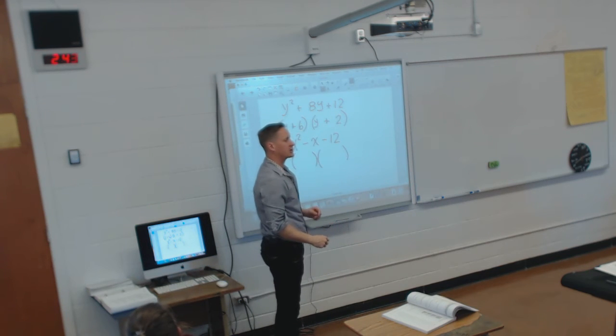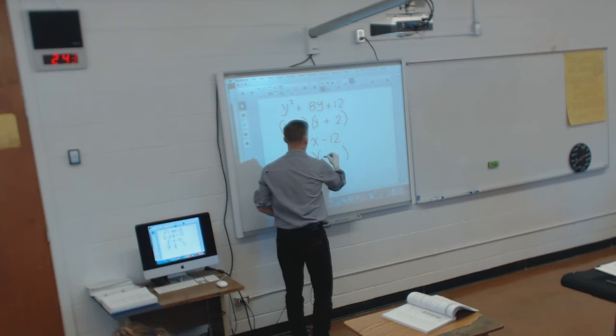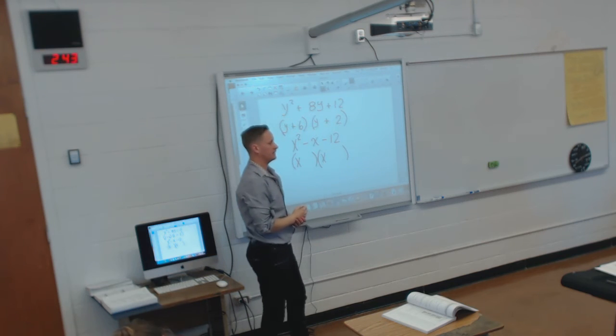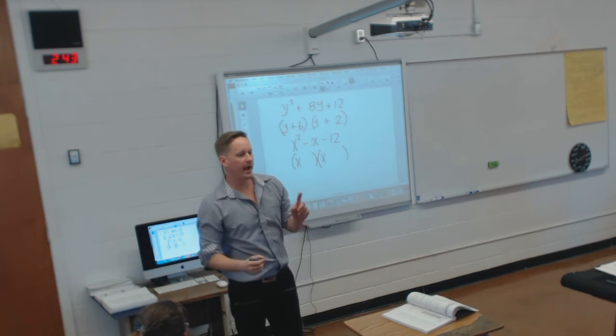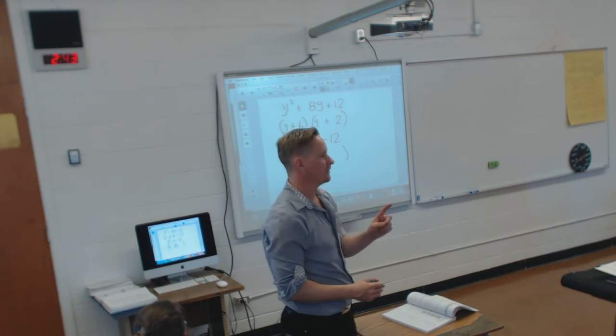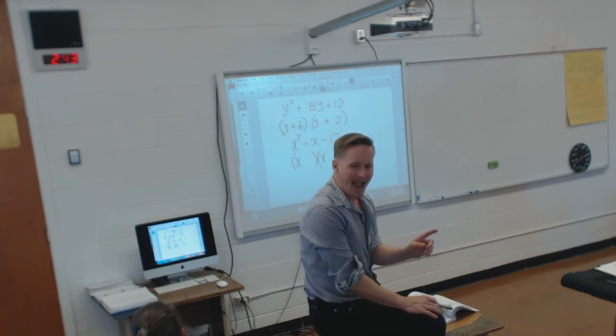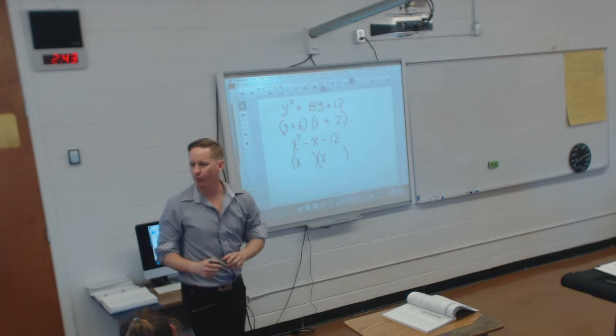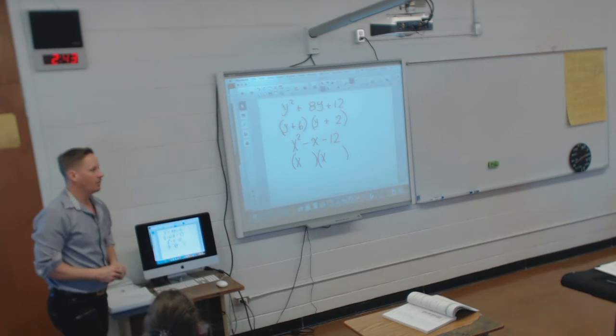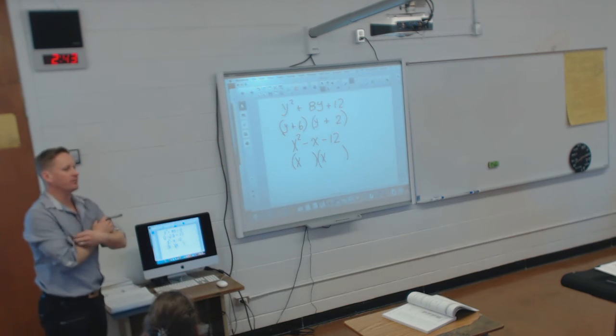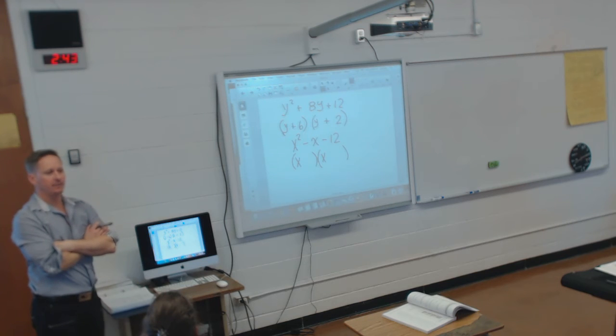What are the factors of x squared? X and x, just like that, right? What are the factors of negative 12 that add to give me negative 1?